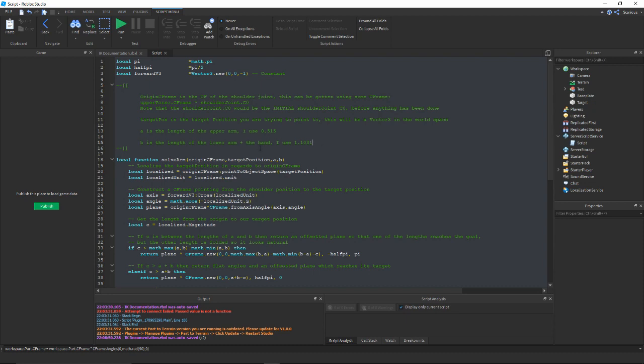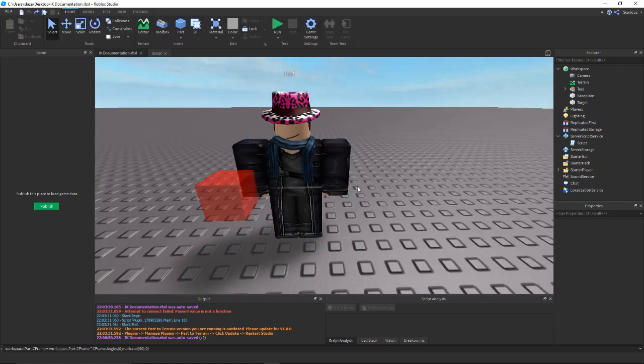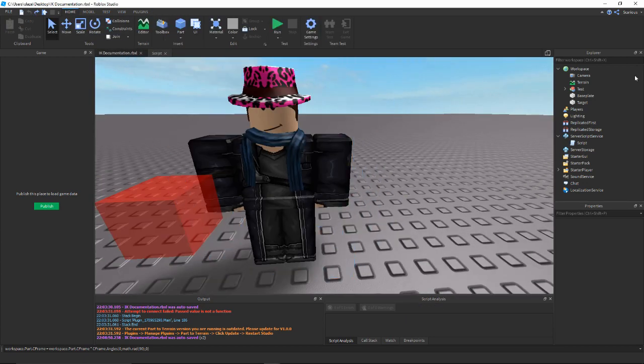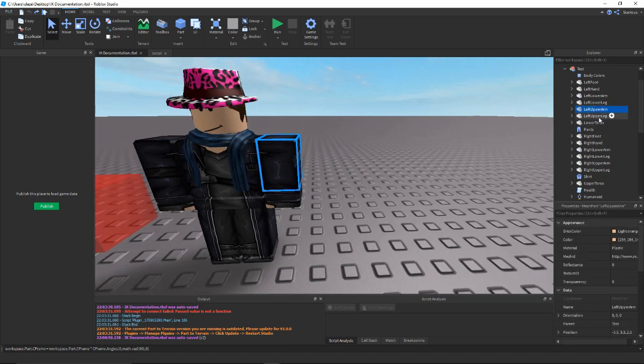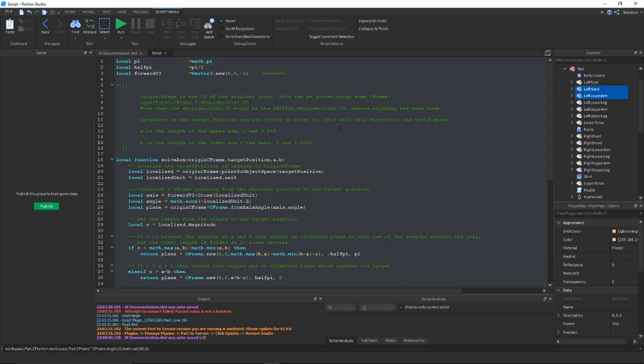And B is the length of the lower arm plus the hand. So this is the upper arm right here. And then this is the lower arm plus the hand. And then those are just these values.